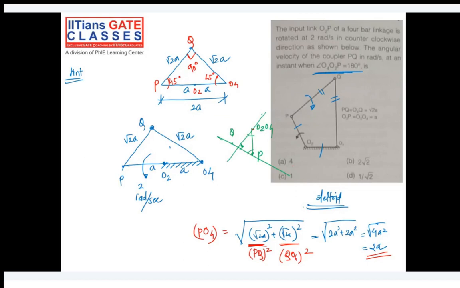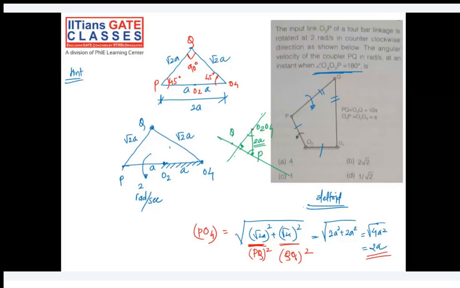And we already know the velocity of O2P, which is 2 radian per second into A, so it is 2A. What they're asking is the angular velocity of coupler PQ.